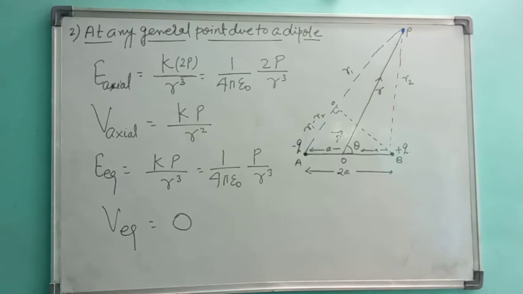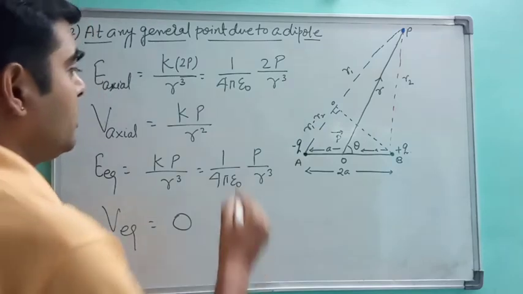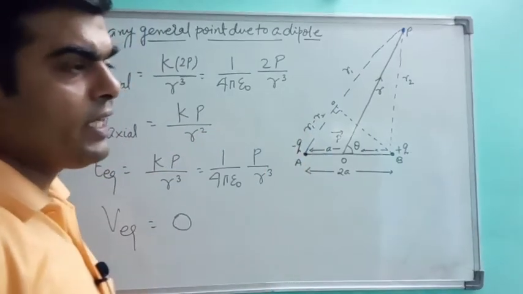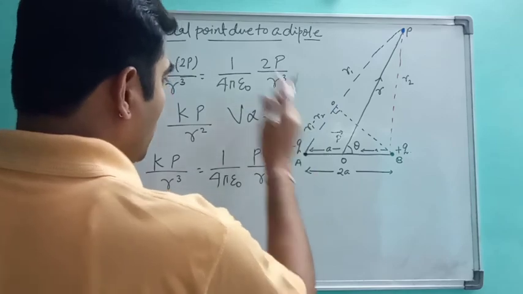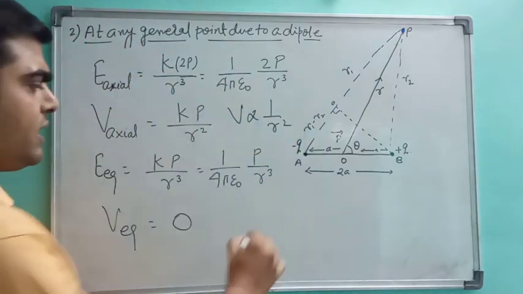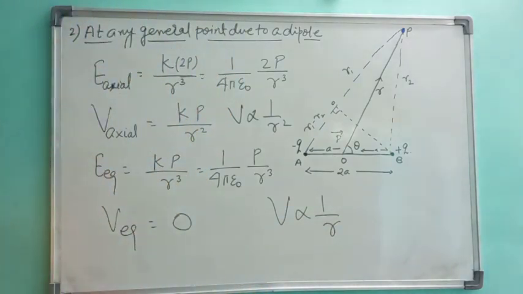But the potential due to a single charge falls off as 1 upon r. Okay, let me see. The electric dipole potential goes as 1 upon r squared, meaning it falls off faster, and a single charge goes as 1 upon r. Both are different.